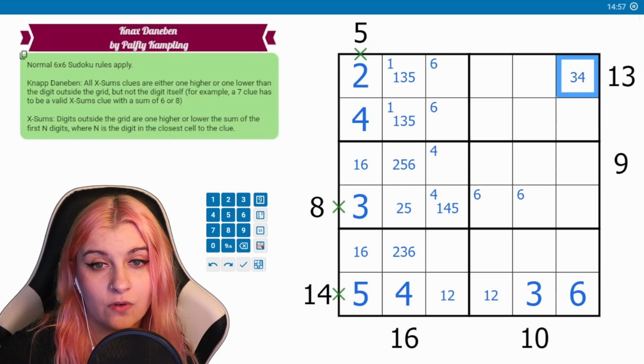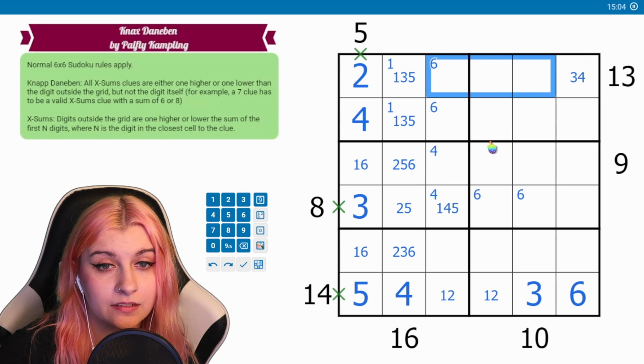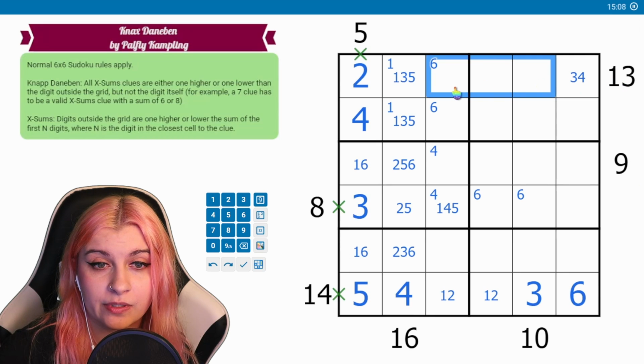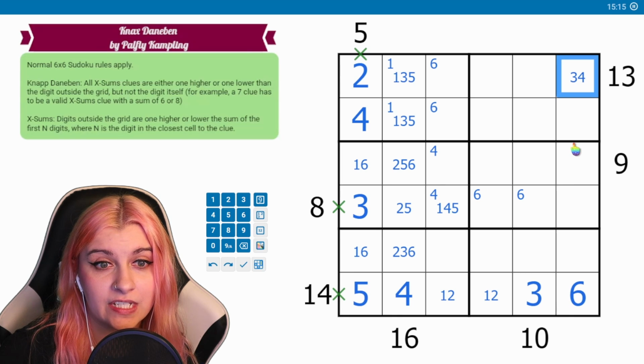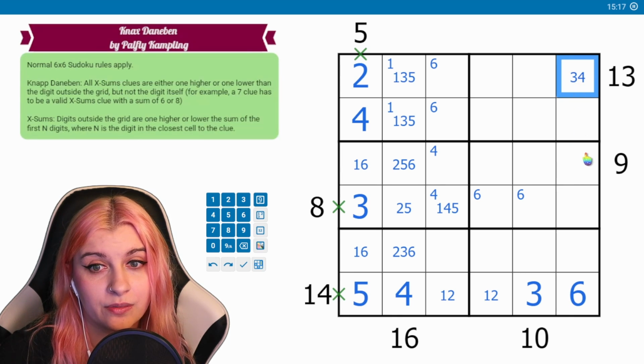If this was a 4, if this was 12, these 3 would be 8. If this was 14, these 3 would be 10. Can I do it in 5? 1, 2, 3, 4, 5 is 15. I can't do this in 5. This is either a 3 or a 4.